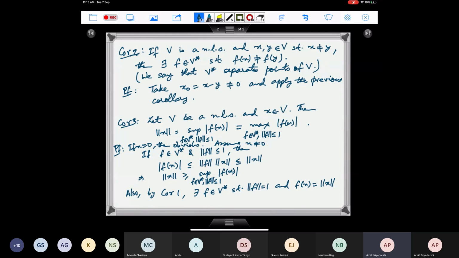Assume x is non-zero. Then by corollary 1 we know that there exists f with norm f equal to 1 and f(x) equal to norm x.